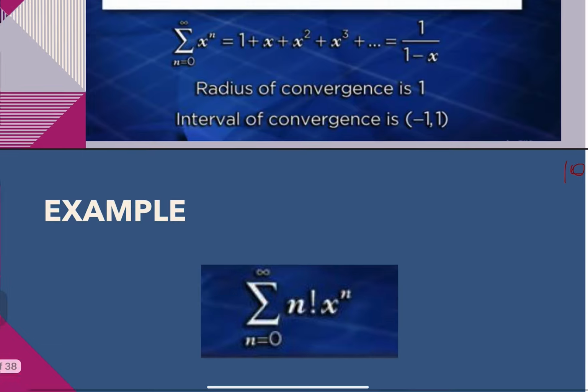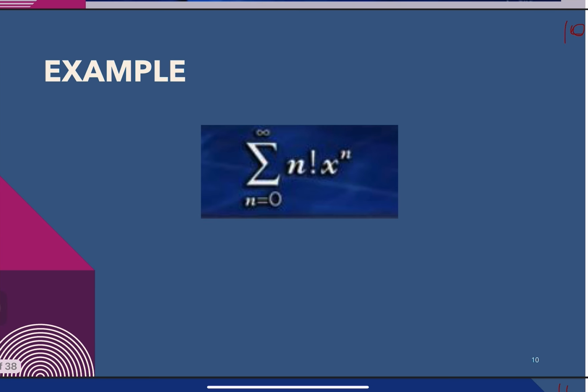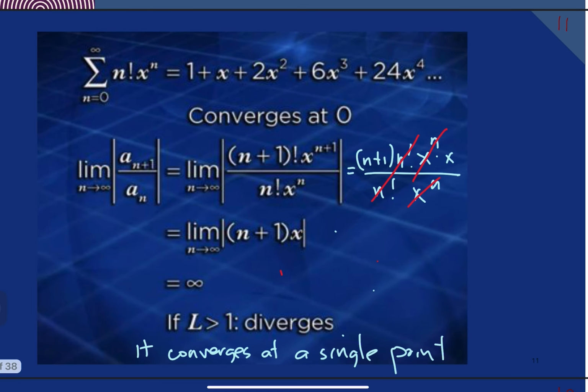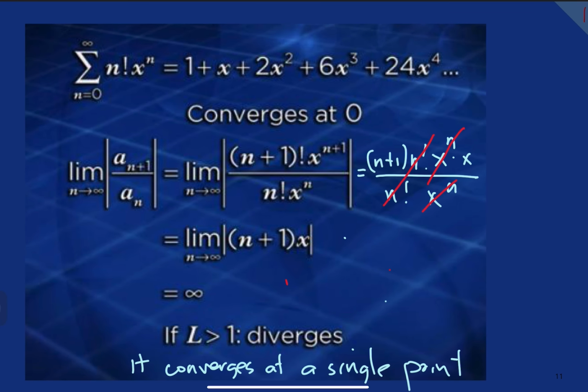Okay, so let's study another power series. This time another infinite polynomial in x. It's the sum of n factorial x to the n from n equals 0 to infinity. Let me write out the first few terms so that we will get comfortable with this new example. The first would be 1, remember that 0 factorial is equal to 1 and that x to the 0 is also equal to 1.